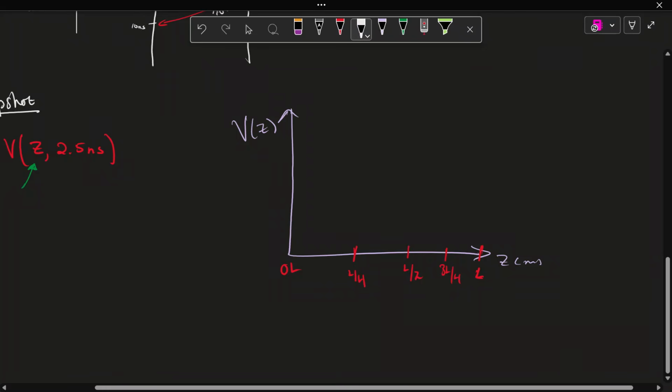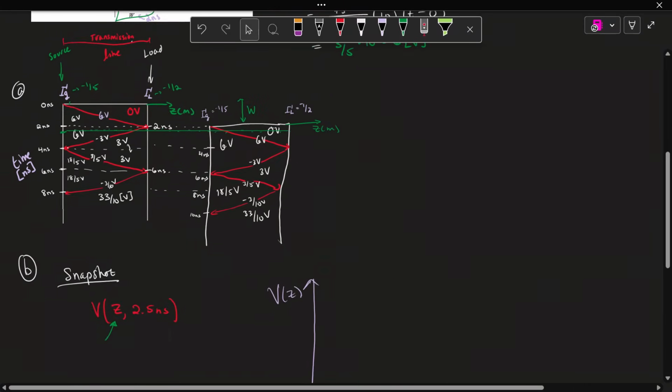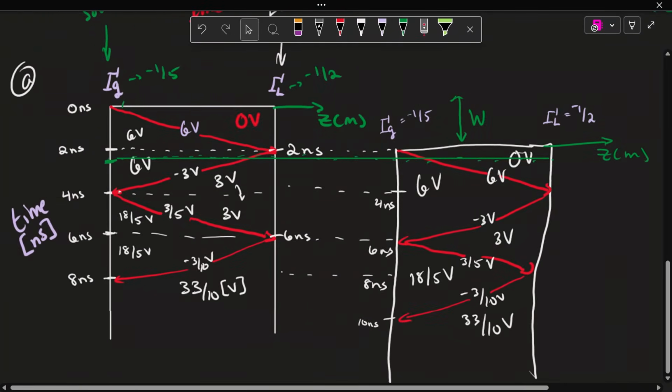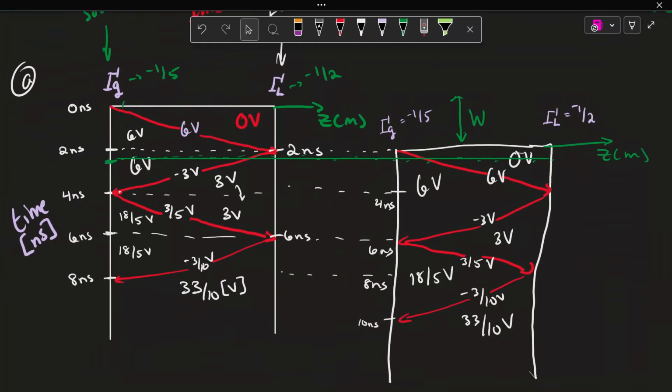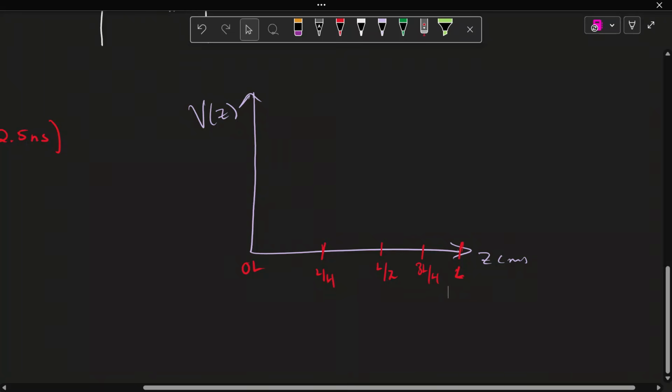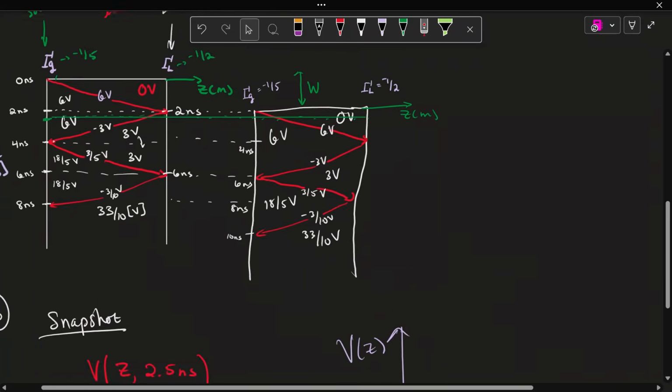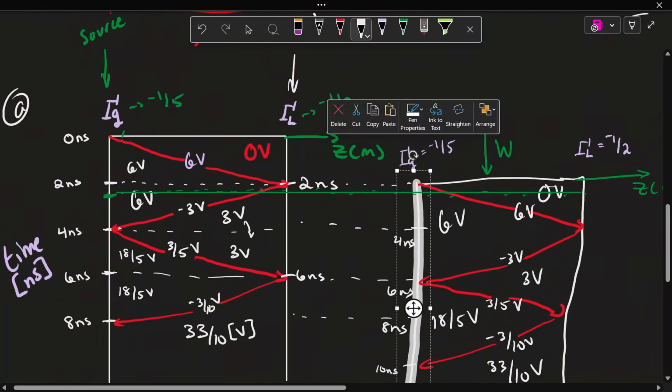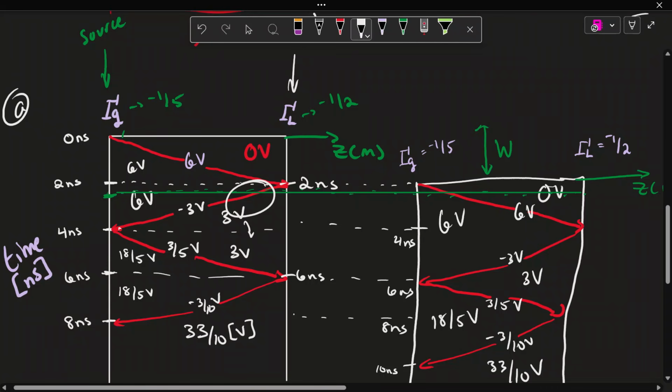But how do you know where the voltages are at the different lengths? Well, that's what we're going to get into. There can only be one of two different answers when you're doing this. If you see that your line is crossing not halfway, but above halfway, you assume it's L over 4.